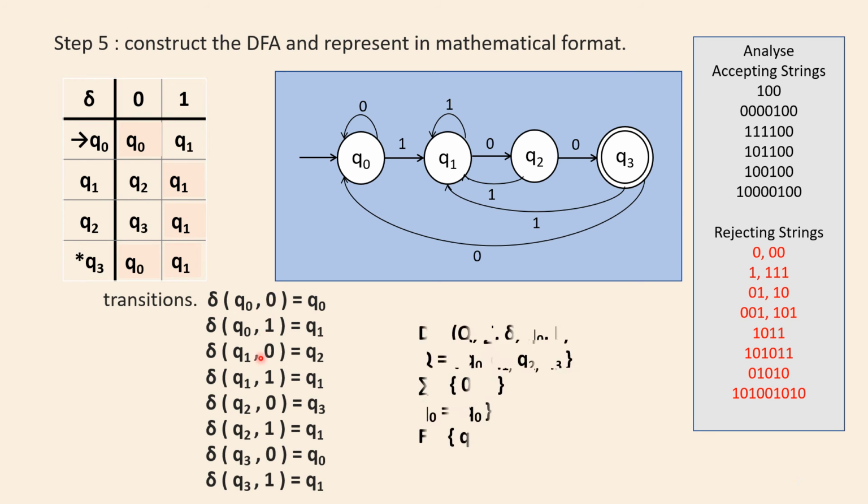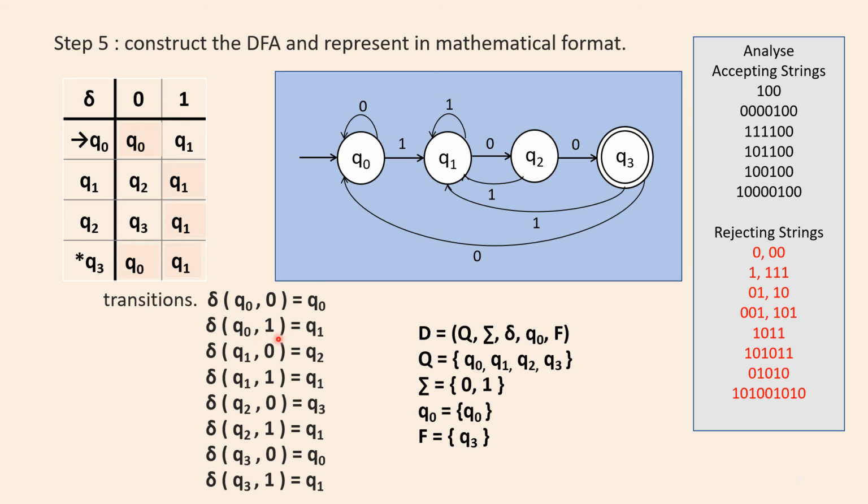These are the transitions, represented in mathematical format, where Q is all the states, that is Q0, Q1, Q2, Q3, and the alphabets are 0 and 1. The input symbols are 0 and 1, where Q0 is the start state and Q3 is the final state. And the transitions are here. We can write down the transition with reference to the diagram or with reference to the table.